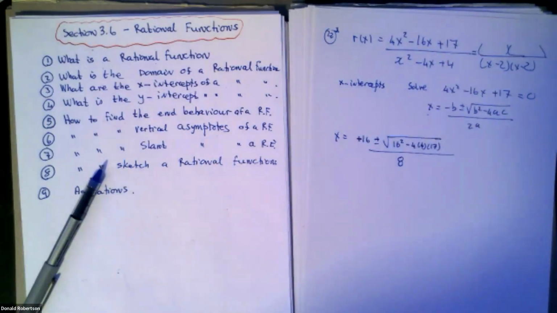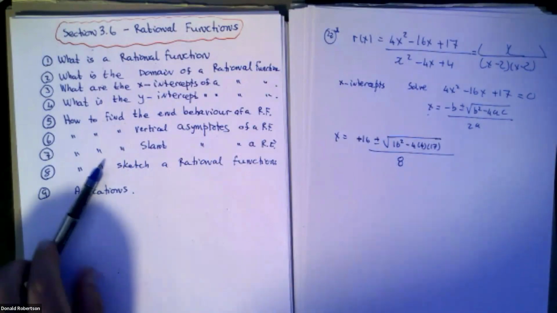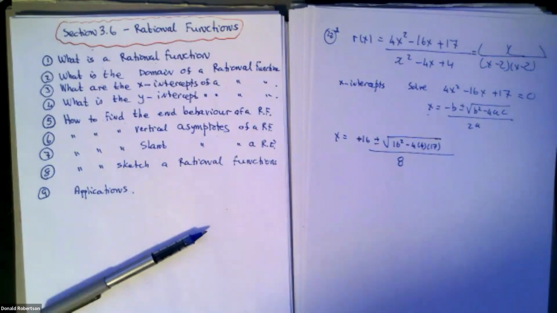On my calculator, I'm about to do 16 squared, then take away 4 times 4 times 17.